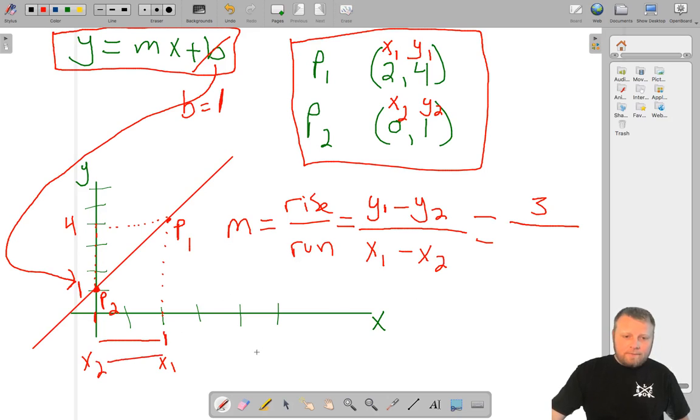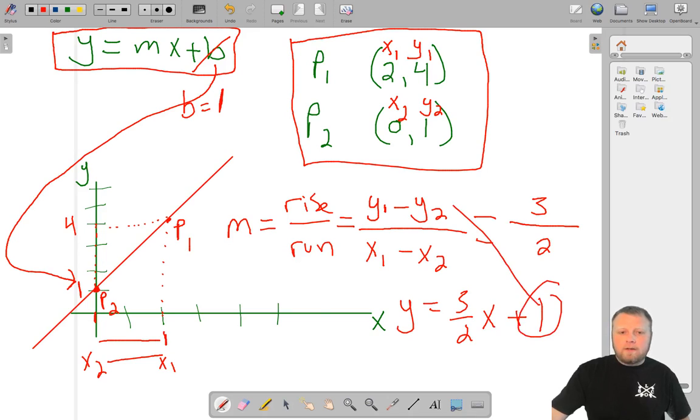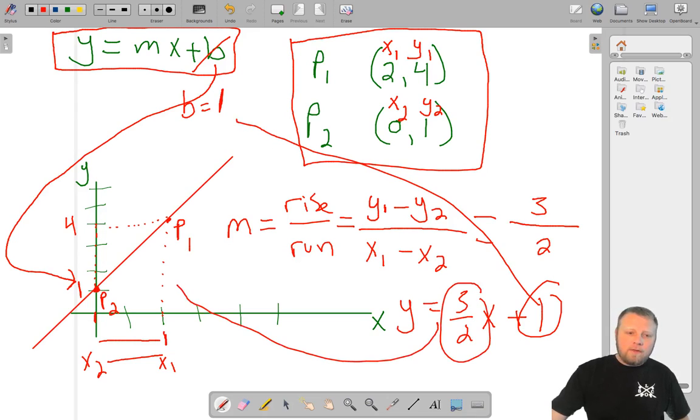In other words, 2 minus 0, which is 2. So 3/2. Our m is 3/2, and we're done with that equation. So y is equal to 3/2 x plus 1. Because remember, our 1 is our b. 3/2 came from the actual graph and arithmetic with P1 and P2.